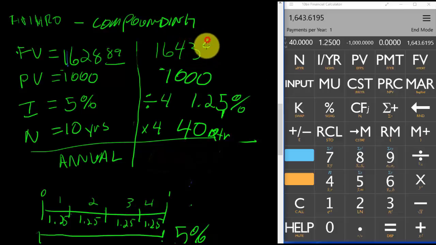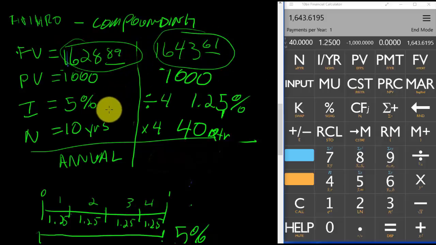1643.61. Well, what's the first thing that we can notice here? The first thing we notice is that this number is smaller than this number because I did this quarterly. Why is that?